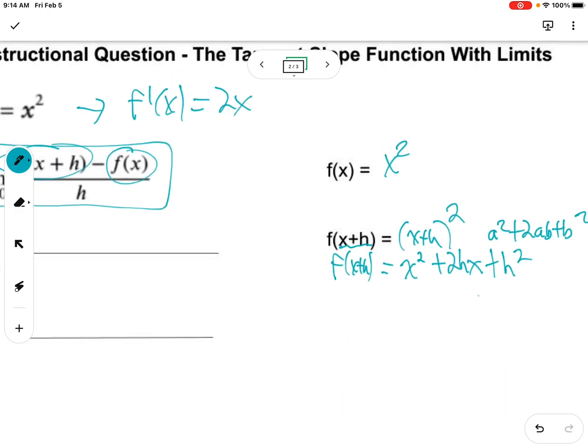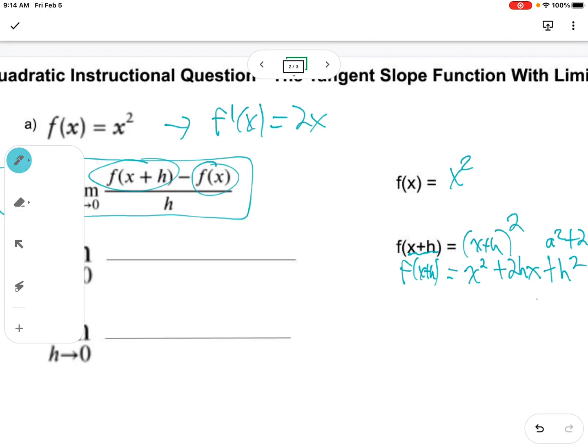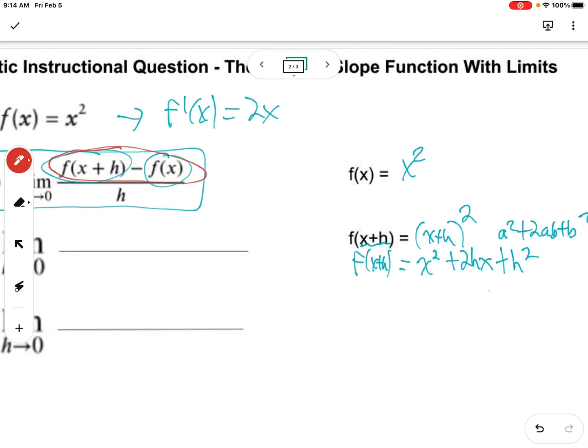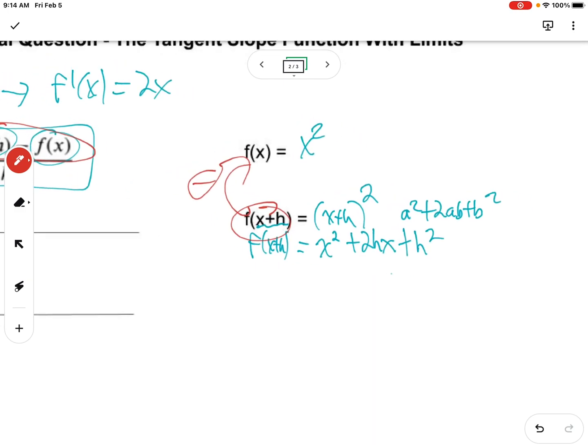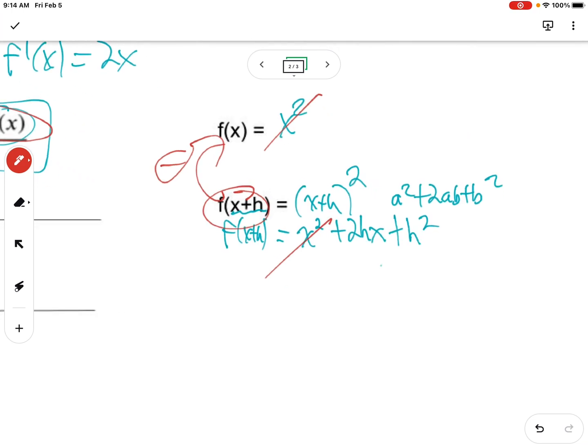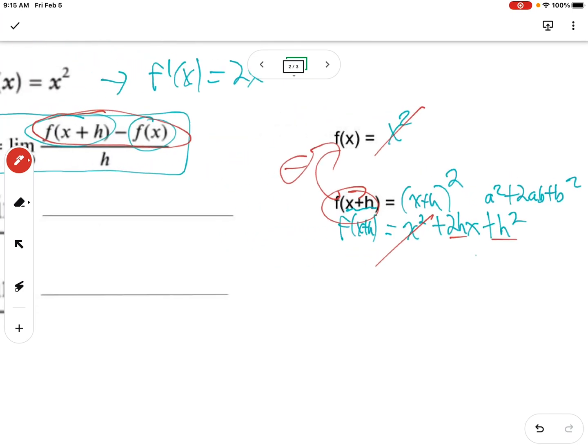Now, the thing is, if we look over here, we call this the difference quotient. I need to subtract those two. So I'm taking this and I'm subtracting off f at x. So the nice thing is there, I know there's x squareds in both, so they're going to cancel out. What I'm left with is 2hx and h squared. So that's f at x plus h minus f at x.